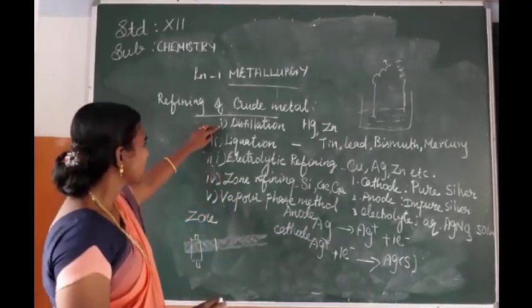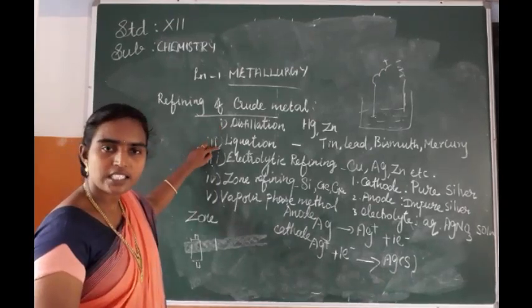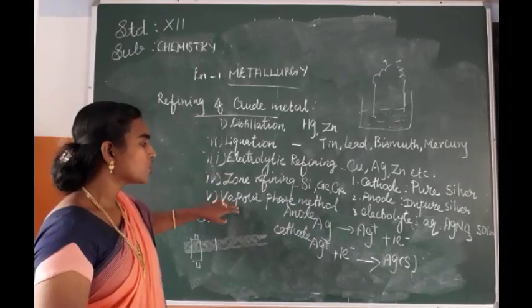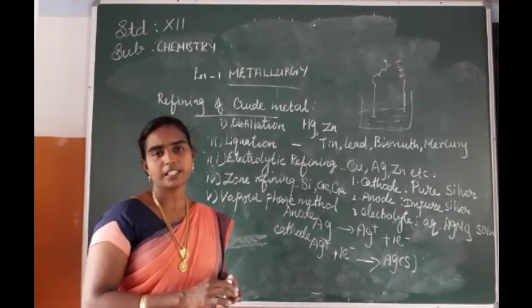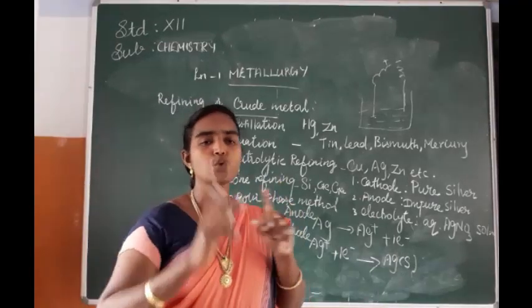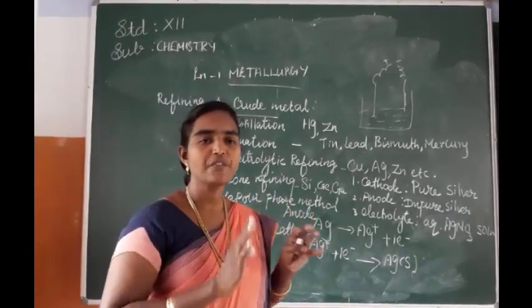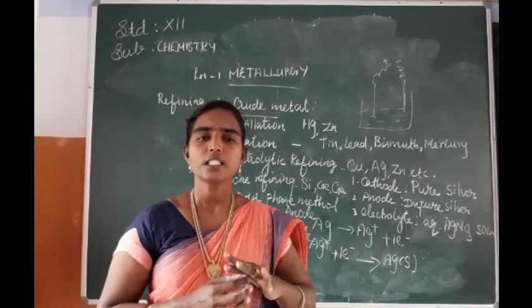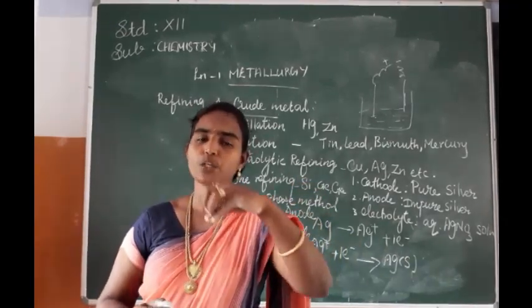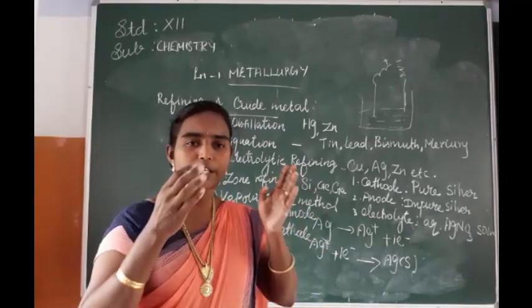So we have finished distillation, liquefaction, electrolytic refining, and zone refining. The last one is the vapor phase method. This vapor phase method is given by 2 processes. In this process, the impure metal should be heated with a particular reagent.